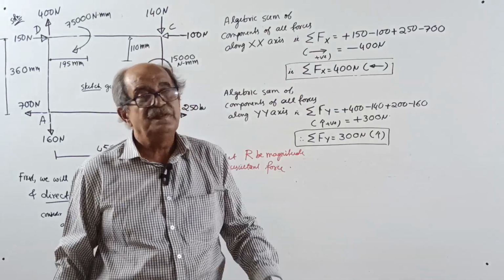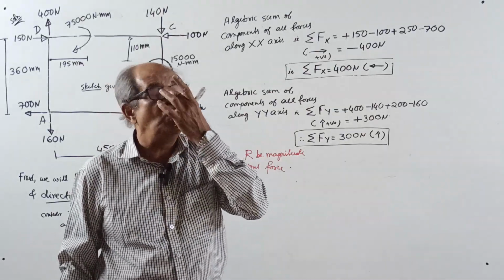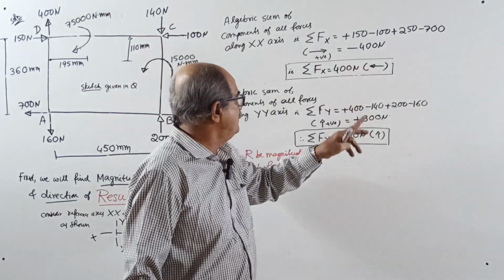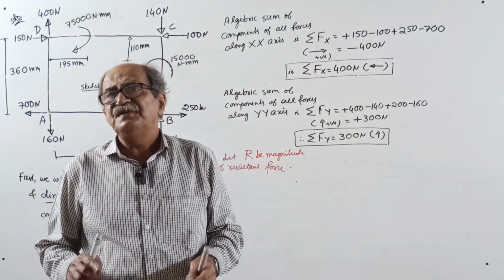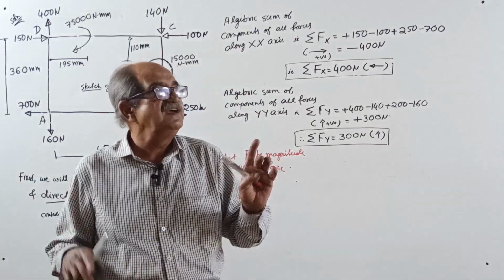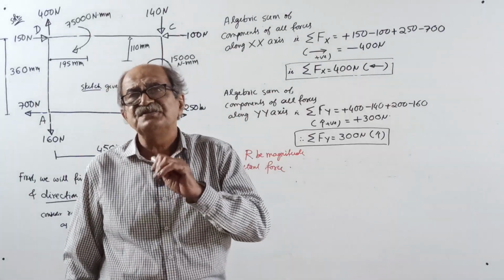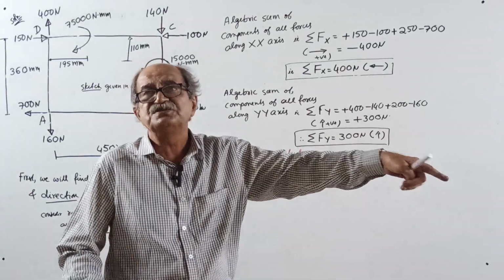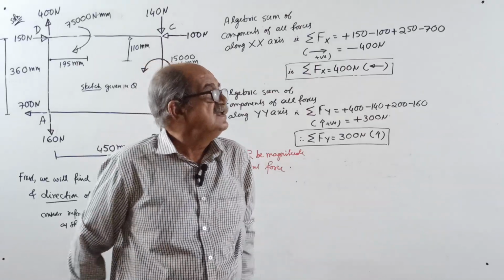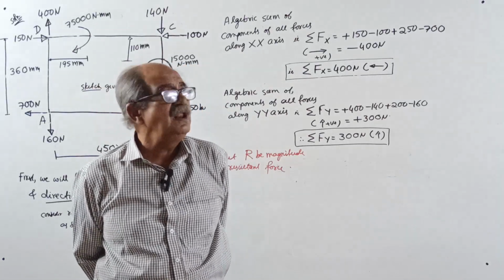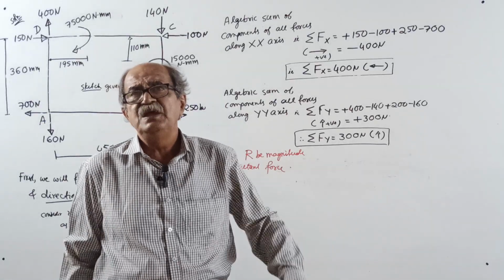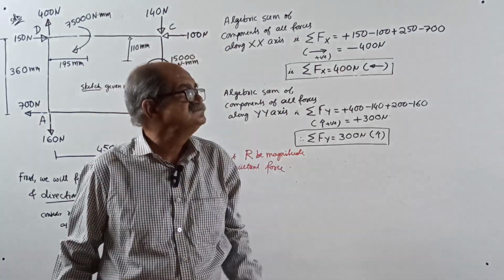No, the resultant need not be 0. If sigma Fx and sigma Fy both come 0, that means the resultant force does not exist. Then there is every chance that the resultant is in the form of a couple. Then what to do?